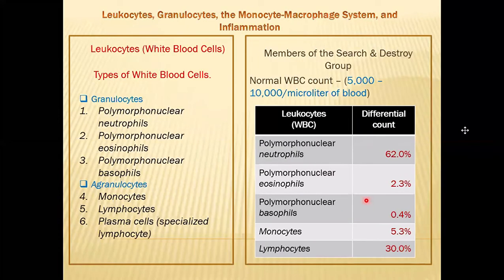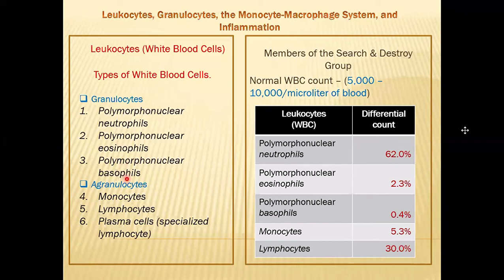Okay, so next slide is a slide on the type of WBC. They are divided into two major groups: those with granules and those without the granules. Okay, granulocytes and the agranulocytes. You learned this in your histology class. So the granulocytes, those with granules, are your neutrophils, eosinophils, and the basophils.